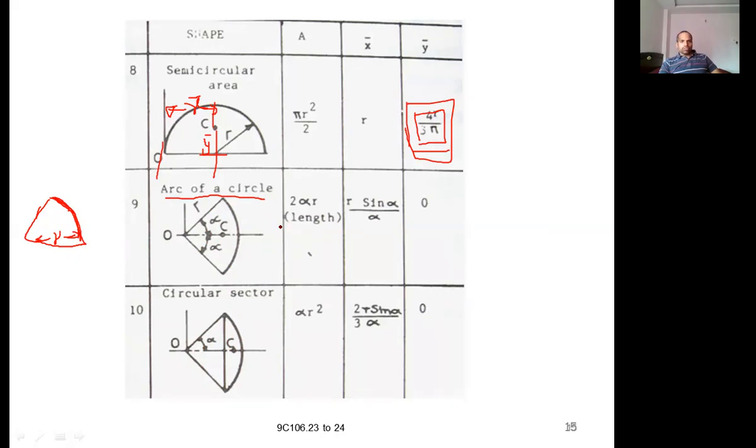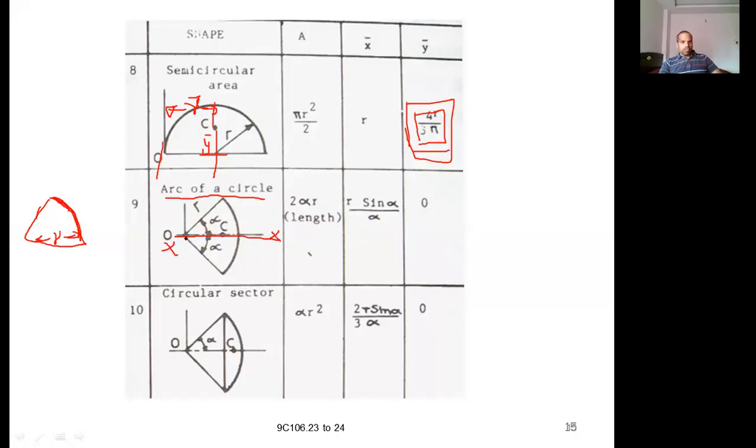In this one, the length is 2 alpha r. Alpha is the angle by which the line divides this shape, that is, the total included angle divided by 2, and r is the radius. Next, x bar is equal to r sin alpha by alpha, and y bar is equal to 0 because this is the centroidal x axis.